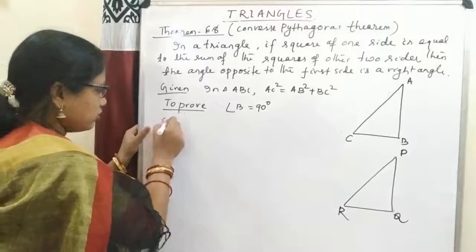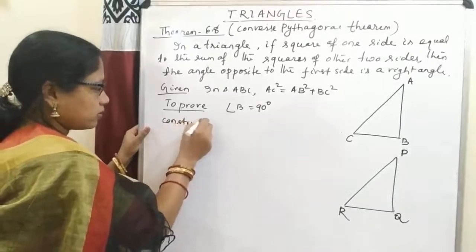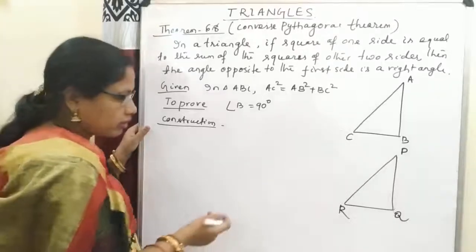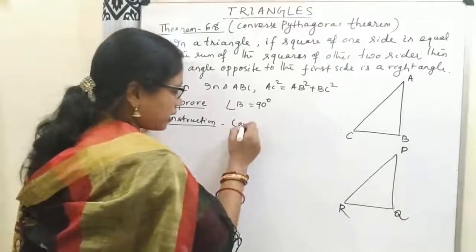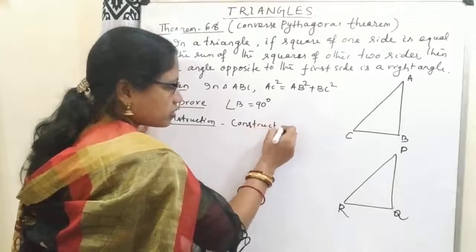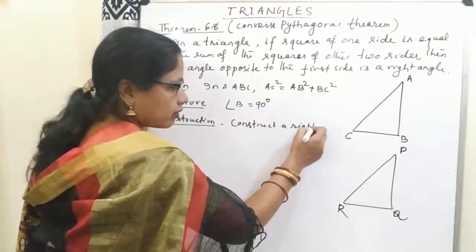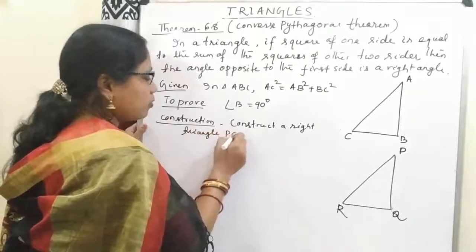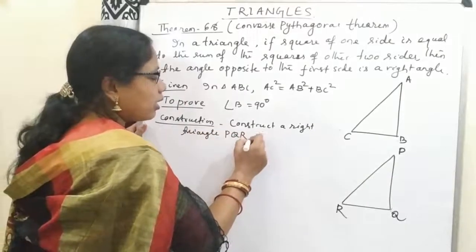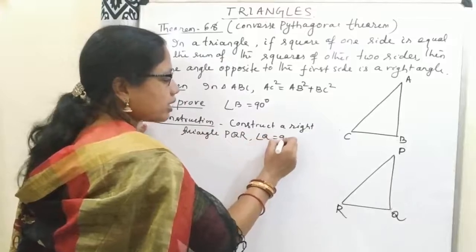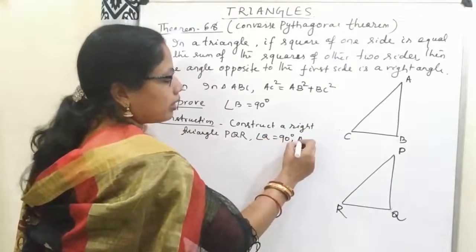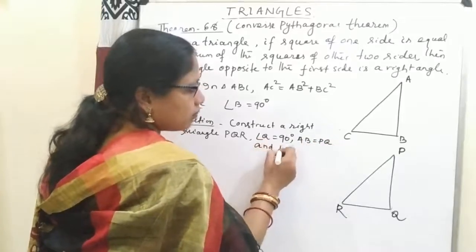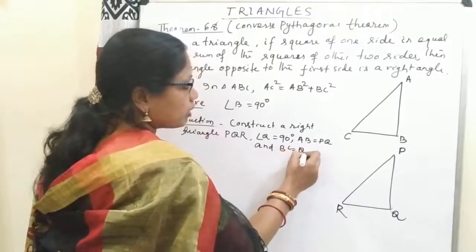Then construction. I have already drawn the triangle. Construct a right triangle PQR, where angle Q is 90 degrees and AB is equal to PQ and BC is equal to QR.